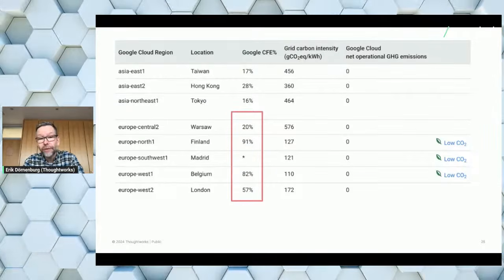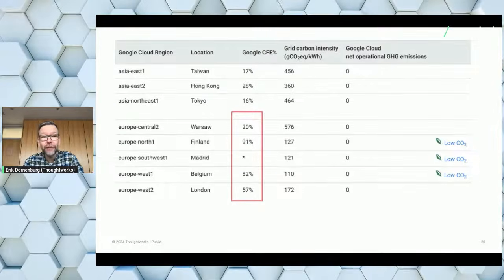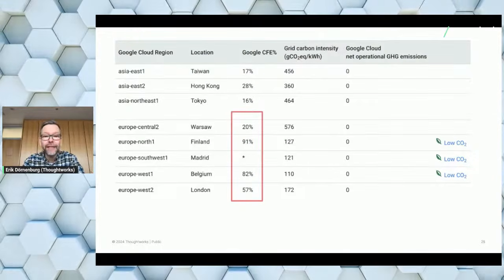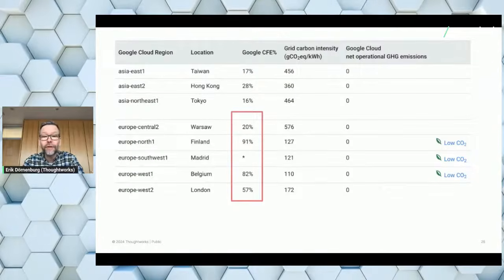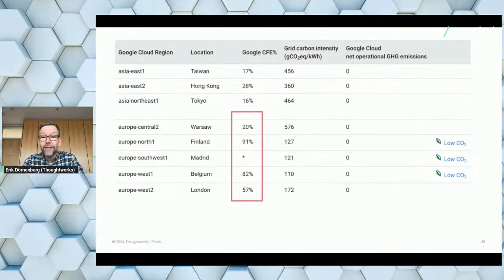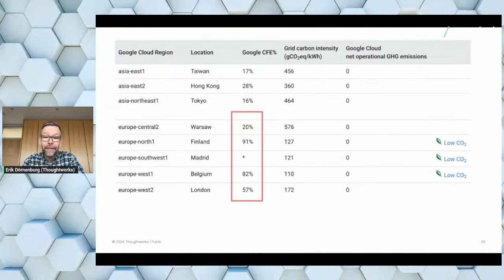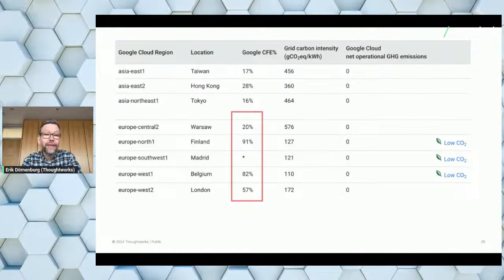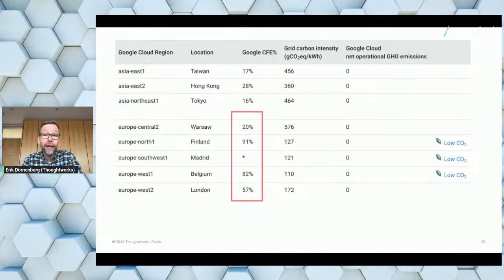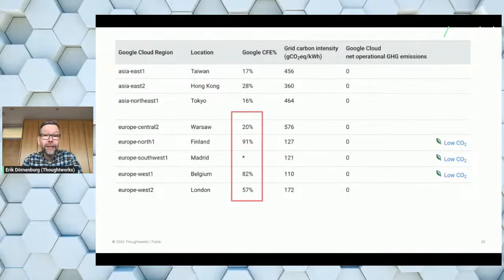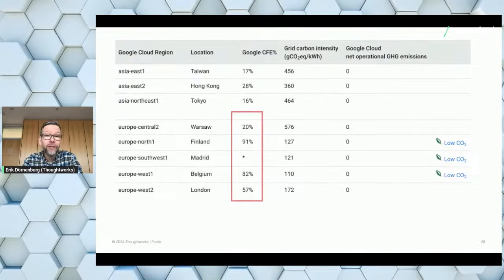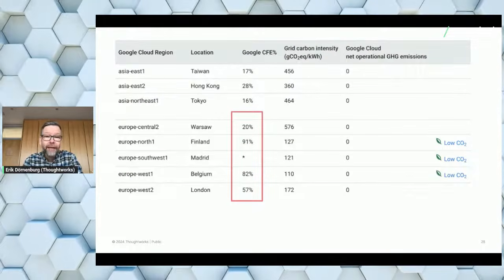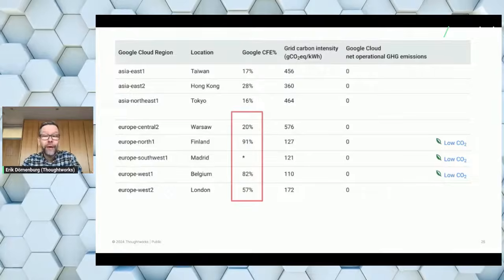But what it does show you is how different they are even in Europe. I've cut that longer list down, and you can see the European data centers here, and you can see a huge difference with Europe North 1, which is in Finland, at 91% carbon-free energy versus, say, London with only 57%. So here again, workload shifting would make a lot of sense if you're calculating larger machine learning models, or if you have big batch jobs that are not sensitive to latency, that you move them to a different region where you can.